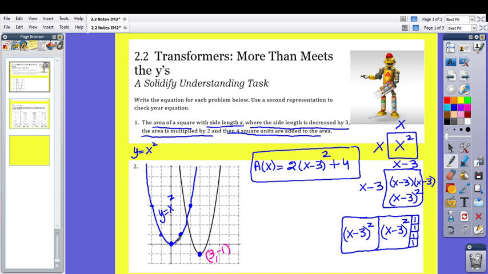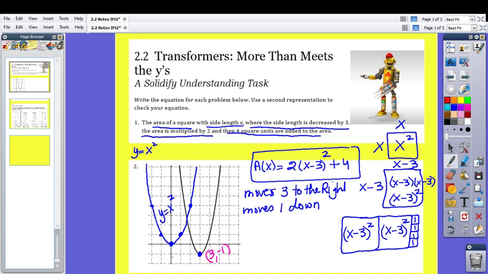So it moved 3 units to the right. And then it should be here, but it's 1 down. That means it moves 1 down.